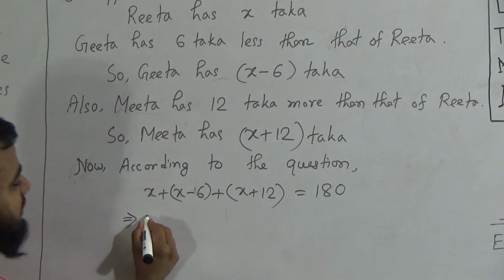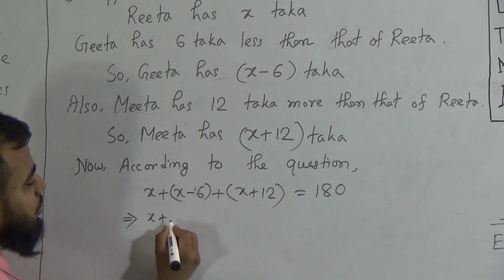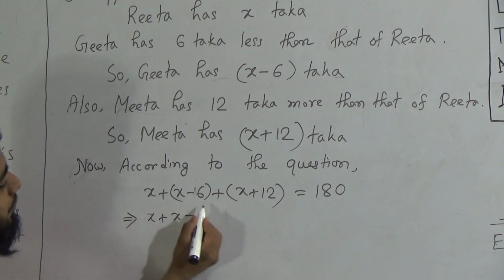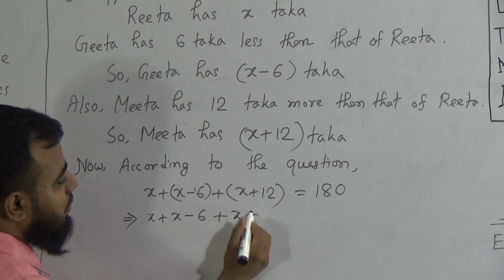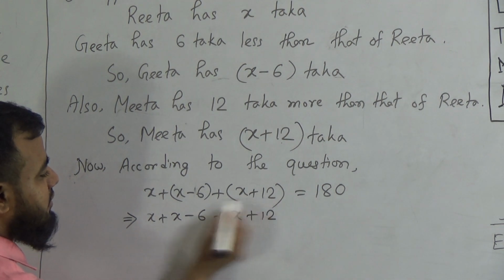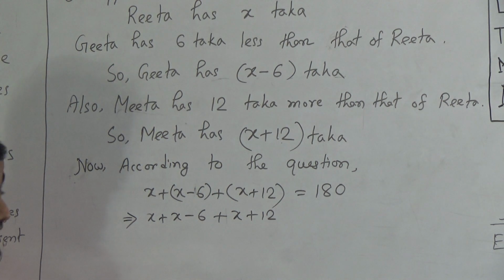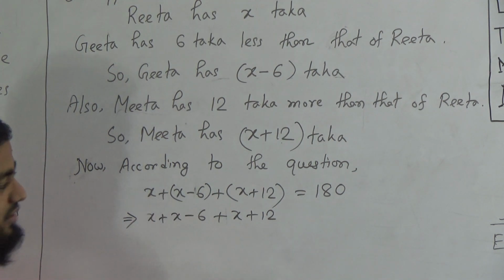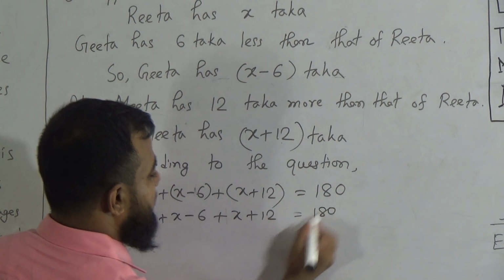Okay, now it's x plus, we need to remove this bracket. That's why we will write down the sign in front of these 2 brackets. In front of these 2 brackets we have a plus sign. That's why the sign will not be changed. That's equal to 180.